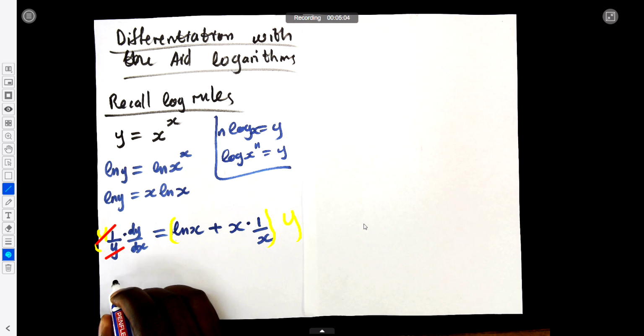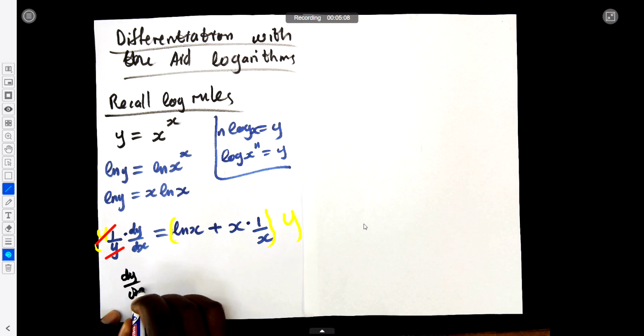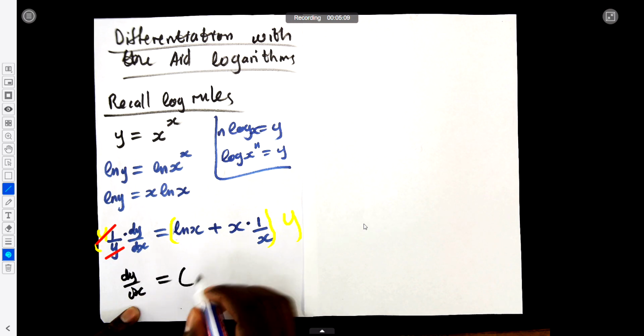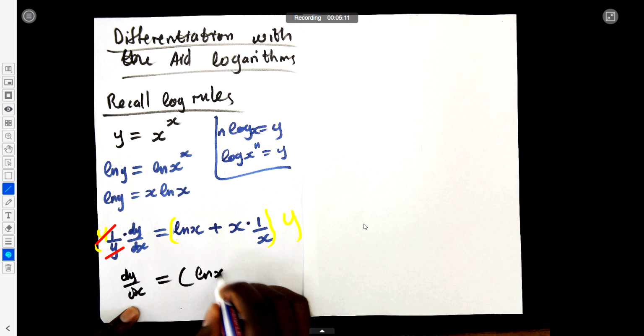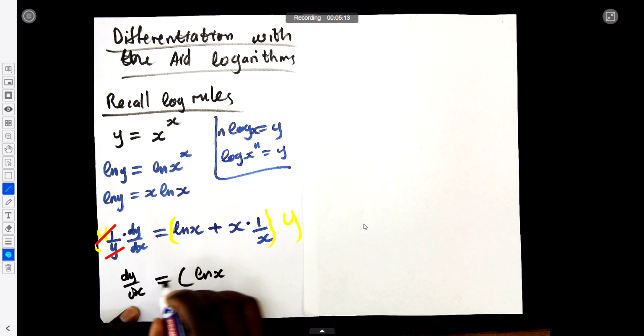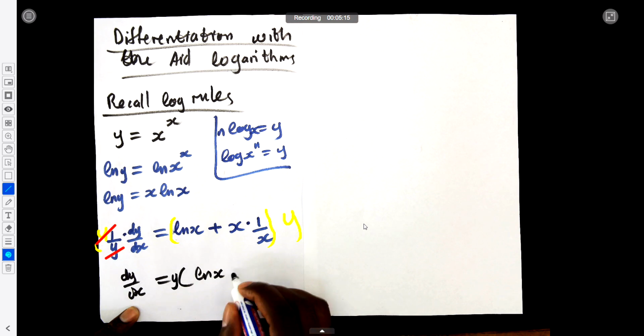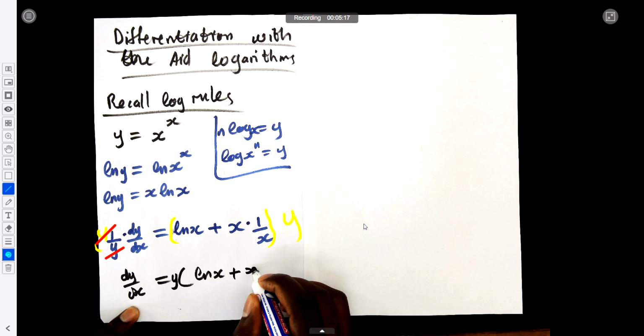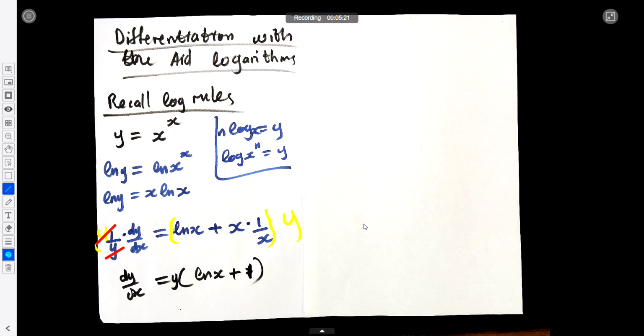So y times 1 over y leaves us with dy over dx, which is equal to, on the other side, ln x plus x times 1 over x, which is 1, isn't it? So that is our solution.